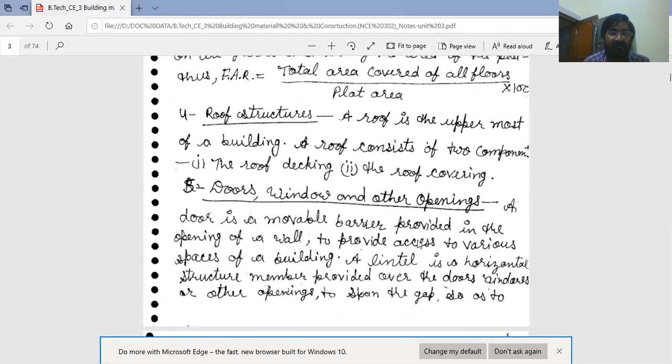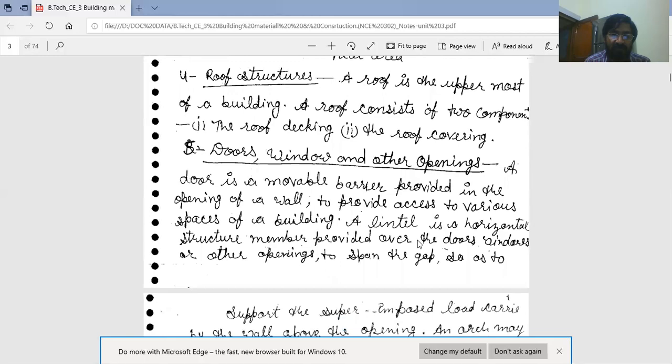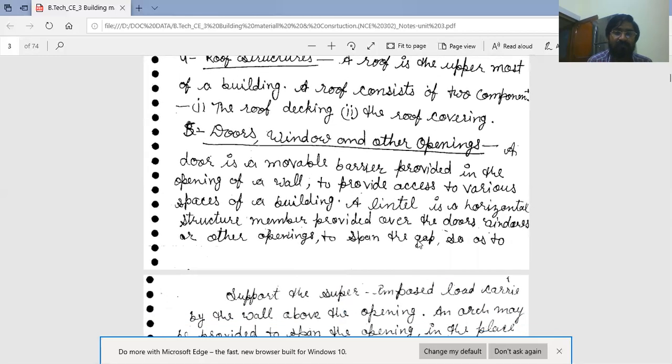Fifth part is door, window, and other openings. A door is a movable barrier provided in the opening of a wall to provide access to various spaces of a building.